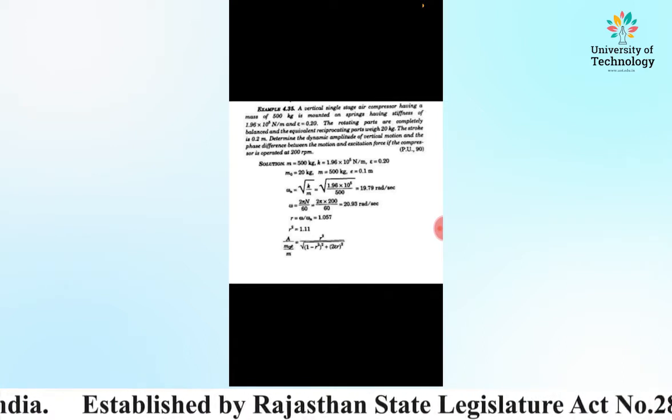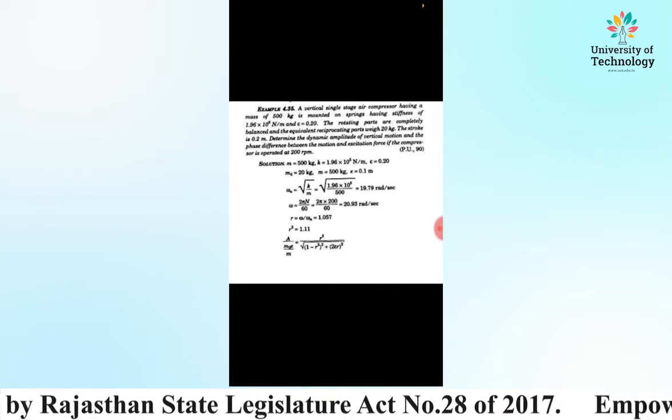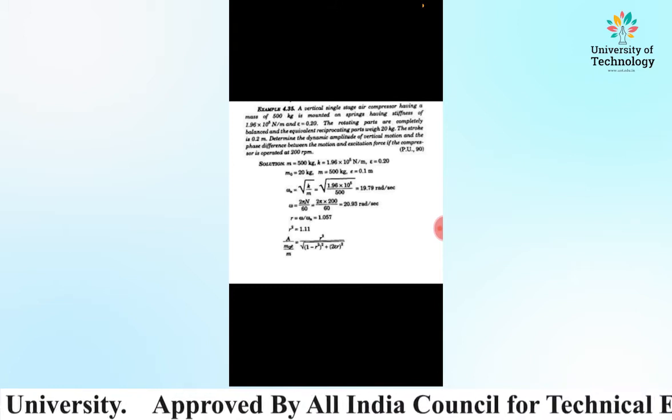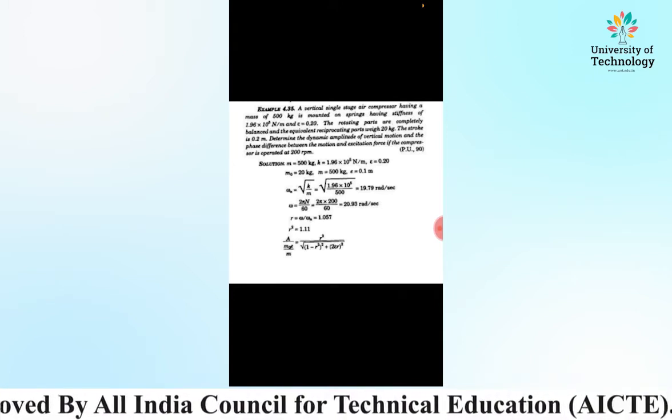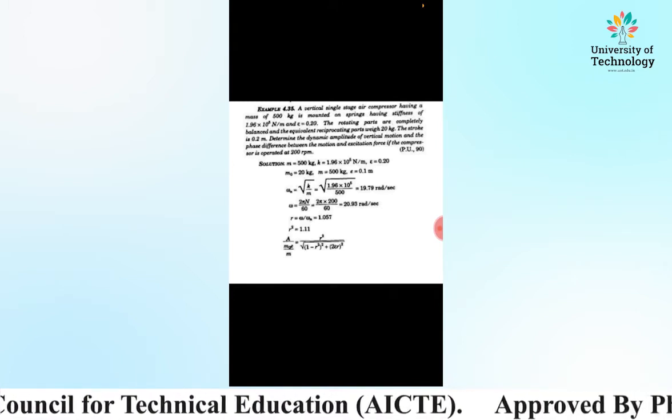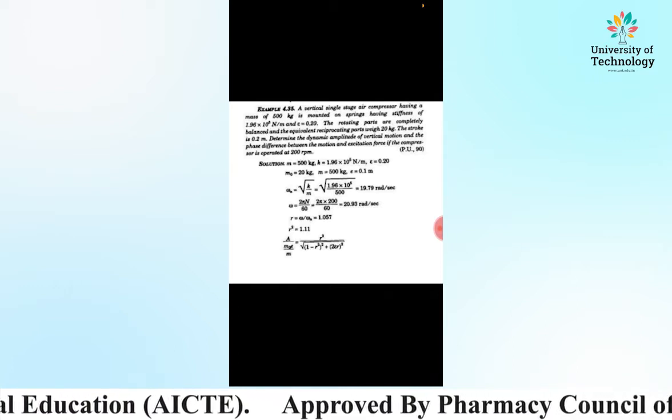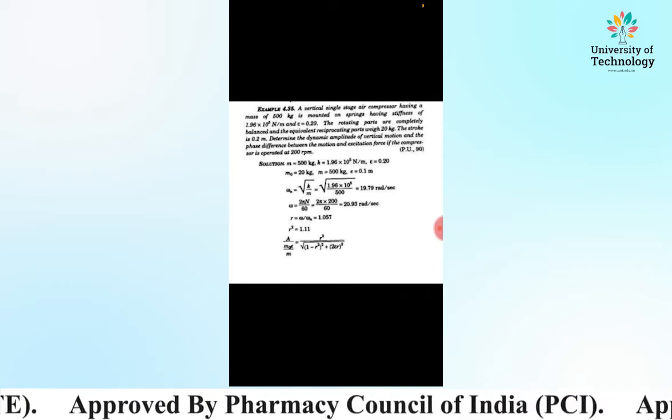The value of zeta is equal to 0.20 and m0 is 20 kg, and the eccentricity is equal to 0.1 meter is given. We have to find the amplitude and the phase difference phi.